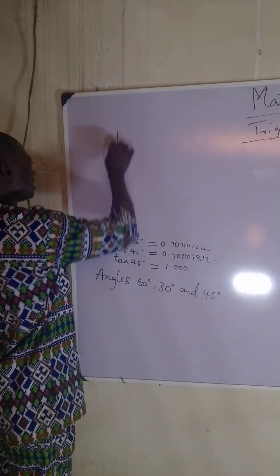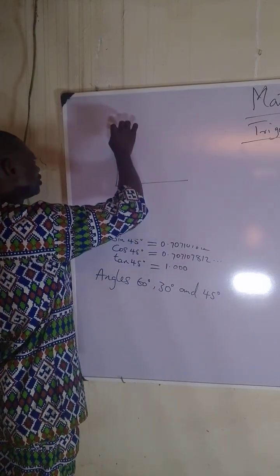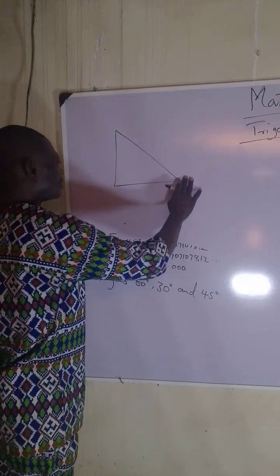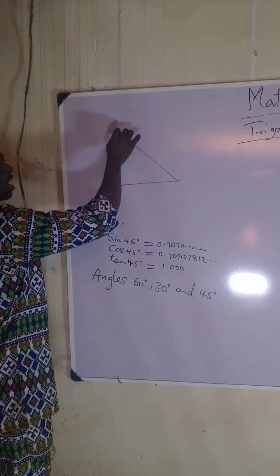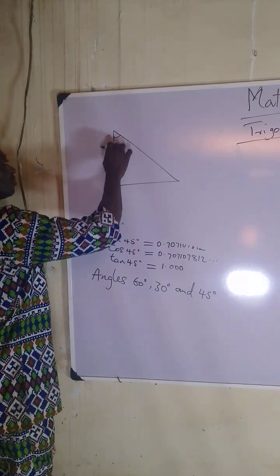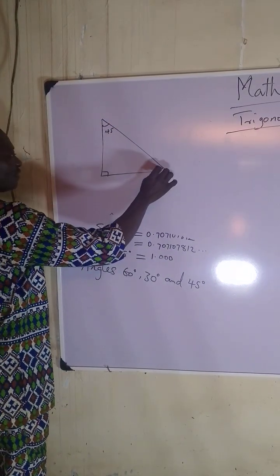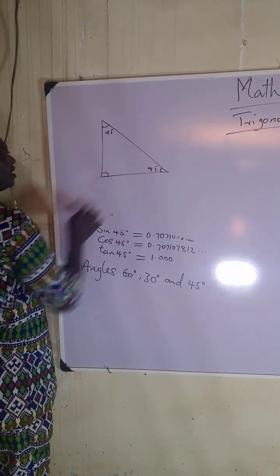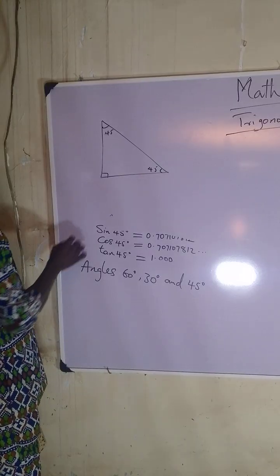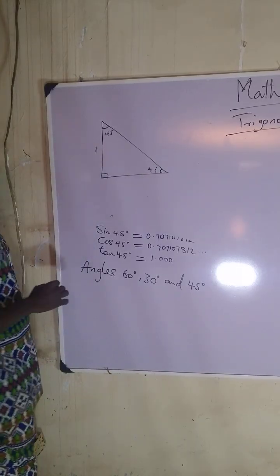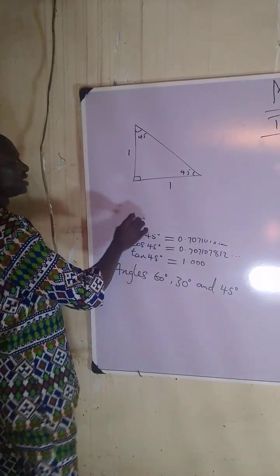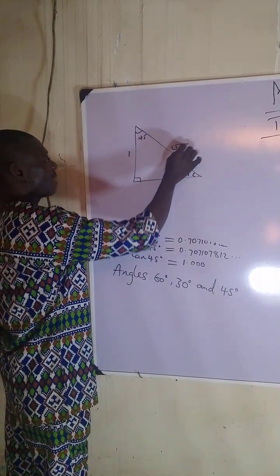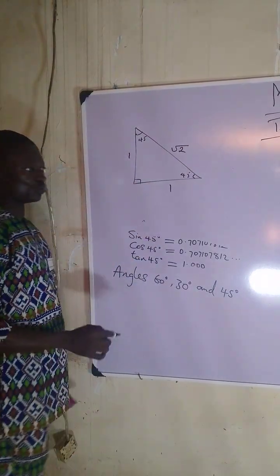Assuming we take it that this is a right angle triangle, which is also an isosceles triangle, where this is 45 degrees and this is 45 degrees. Then let us give 1 unit to this line and 1 unit to this, which means that using Pythagoras theorem, the hypotenuse is going to be root 2.